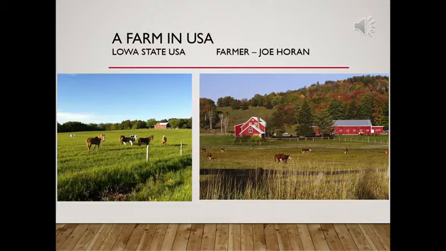The result helped Joe Horan to plan the scientific fertilizer program. His computer is linked to the satellite, which gives him a precise picture of his field. This helps him to use chemical fertilizer and pesticides whenever they are required.